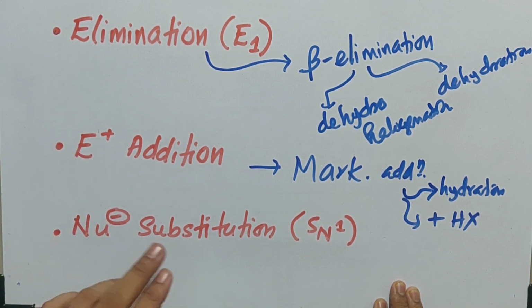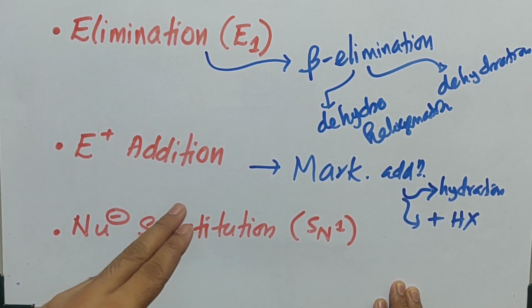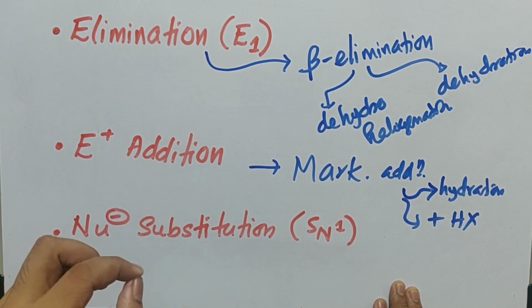So the reactivity of the reactant can be predicted by the stability of the carbocations to be formed.